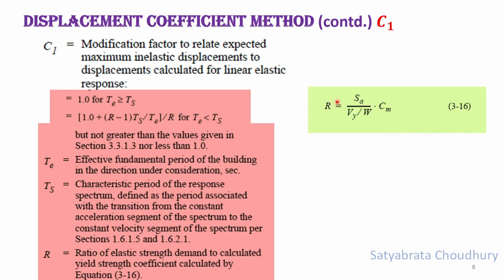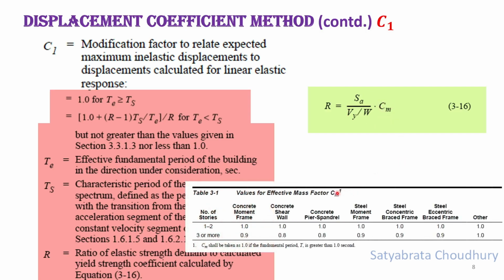The strength ratio R is given by this expression, Sa divided by Vy by W, into Cm. Actually, strength ratio is equal to the elastic demand of the system, which is equal to SaW, and the ratio of this elastic demand to the yield base shear of the system, which is Vy. Vy is obtained through bilinearization of the capacity curve that we have discussed in the previous video, and this whole expression is modified through a modifier Cm.